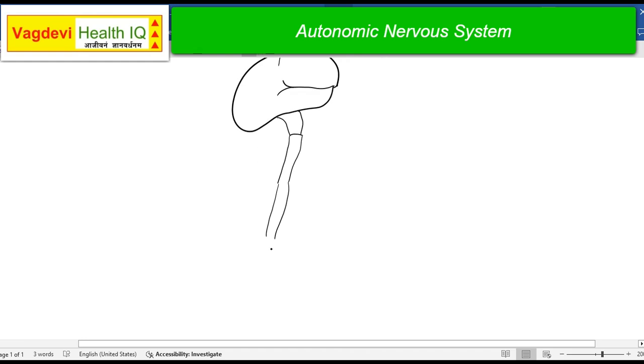We have to draw up to down. So this is the cerebral cortex on top, and then all of these are parts of the brain stem.